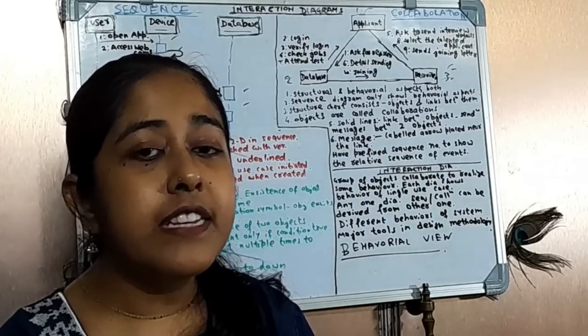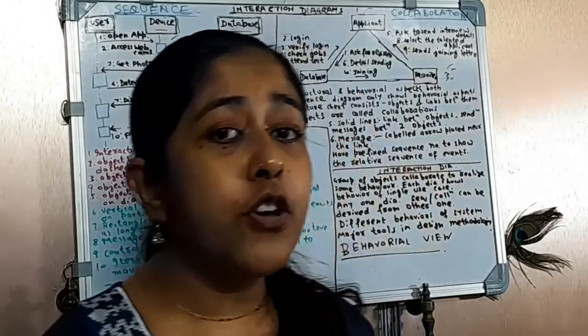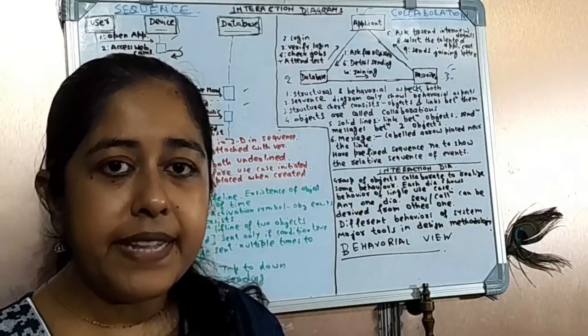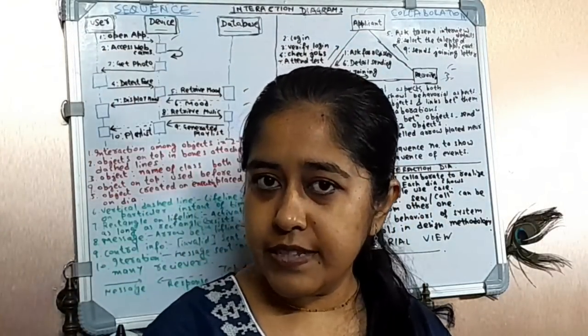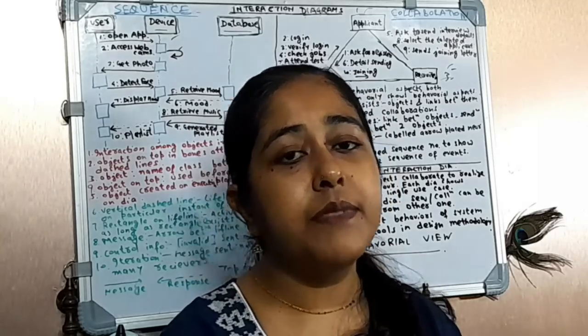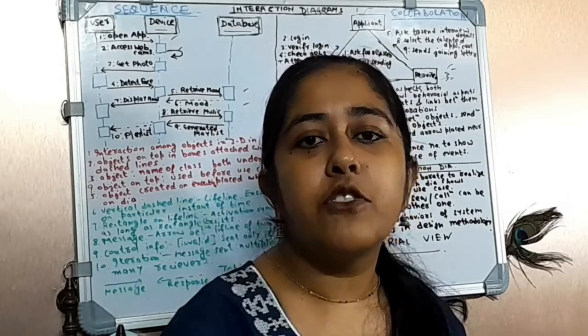These are the things you have to see when you draw a collaboration diagram. The main difference between the sequence diagram and the collaboration diagram is the sequence number, which shows how the events are going on.